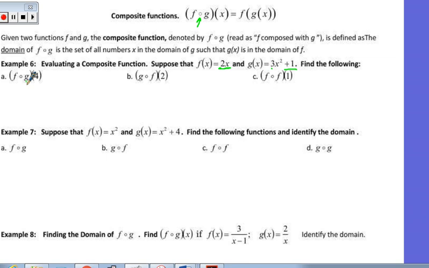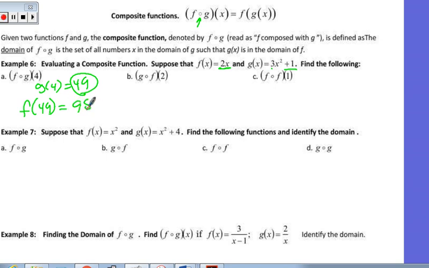So if I'm going to find g of 4, I'm going to put a 4 right in here. So g of 4 is going to be 49. So when I plug 4 right in where I see that x there, I get 49. Then I'm going to take the output here and use it as the input for f. So what is f of 49?